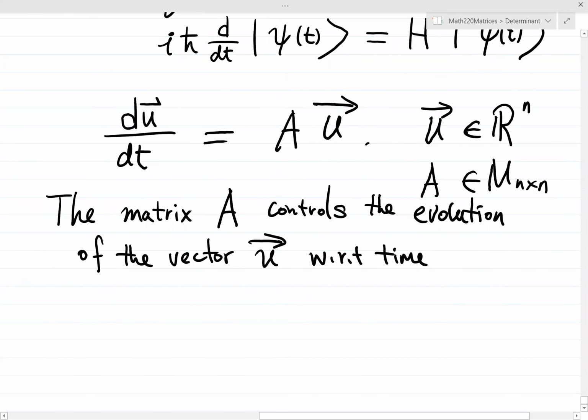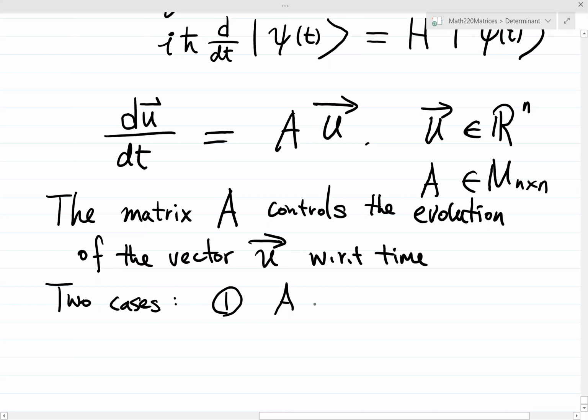Okay, the matrix A actually has two cases, and these two cases are very different. The first case is when A is independent of time.